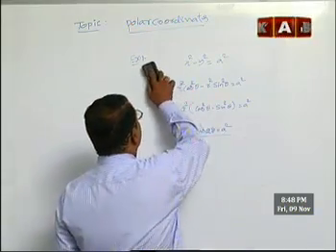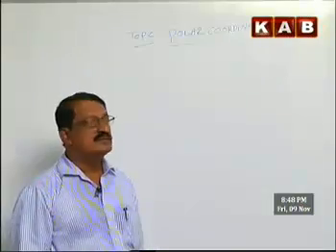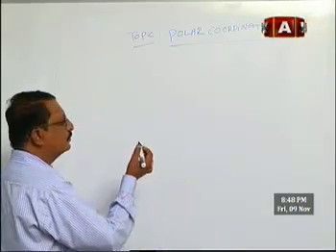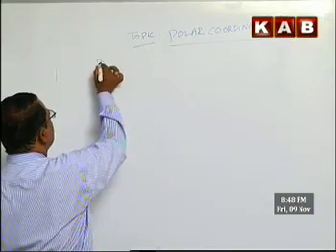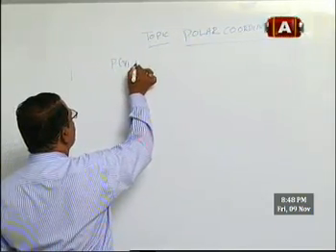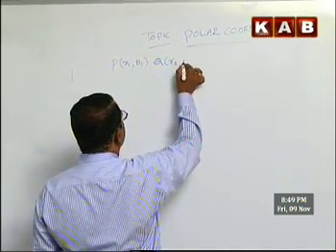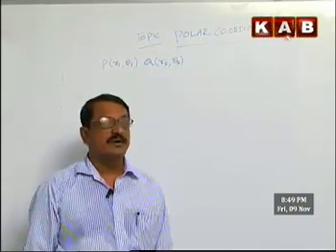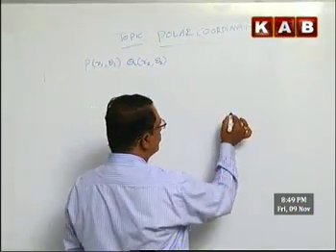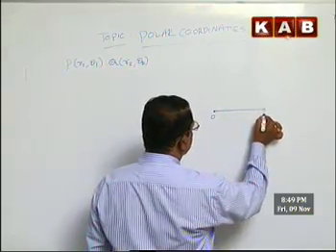Now, next we discuss the distance between 2 points in the polar coordinates. Suppose we consider the first point P (r1, theta 1) and the second point Q (r2, theta 2). We require the distance between these 2 points in polar coordinates. Consider the origin O and OX the polar axis.